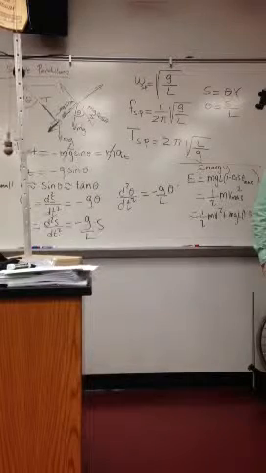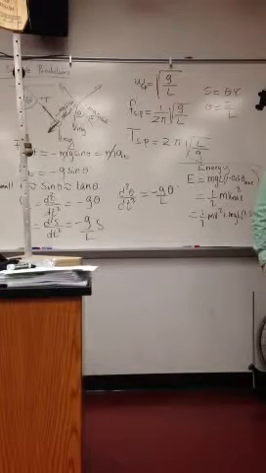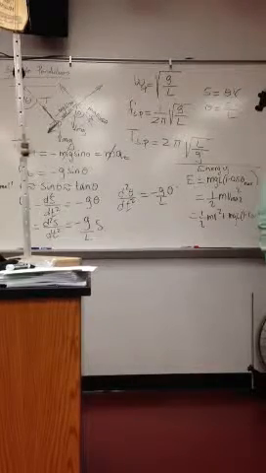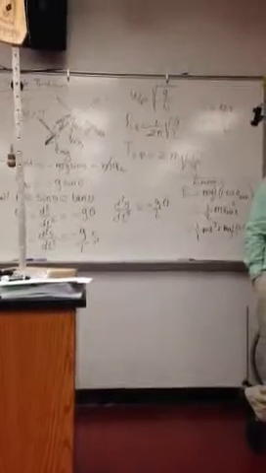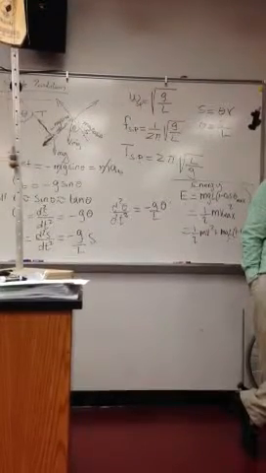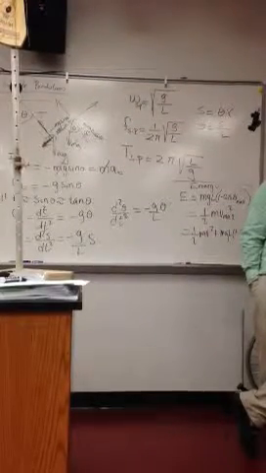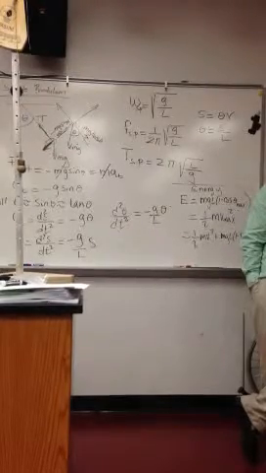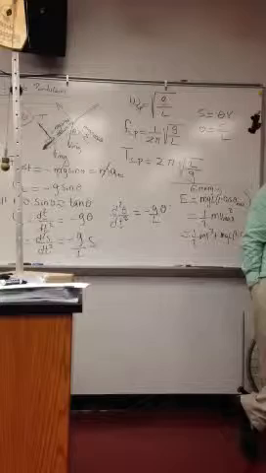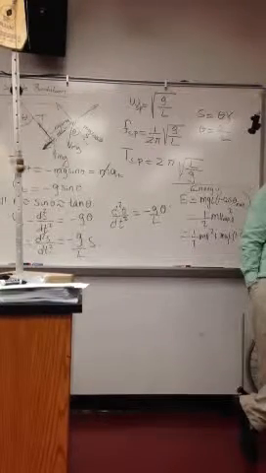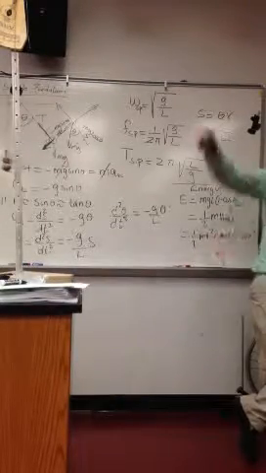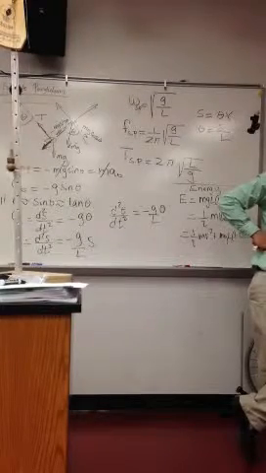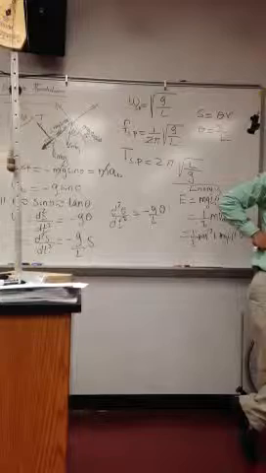Let's say it is a pendulum suspended from the end, and we need to find the angular frequency for small oscillations. The length of the pendulum is 1 meter and the mass is 2 kilograms. Forget about the distance to the center of mass. So find the angular frequency.